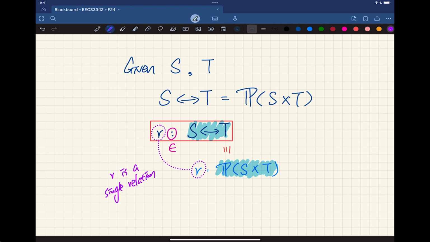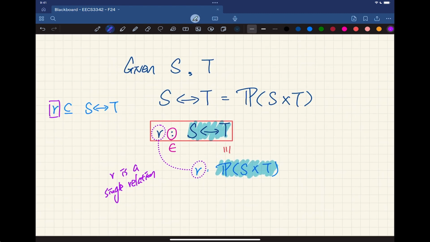Of course, in some cases, you might find it necessary to say R is maybe a subset of the power set. It is a valid expression to write in Rodin, but it means something completely different, right? It is not saying R is a single relation. It's a set of relations, different, okay? You may find it useful sometimes, but I'm just saying you should really know what you're writing. That's my point.